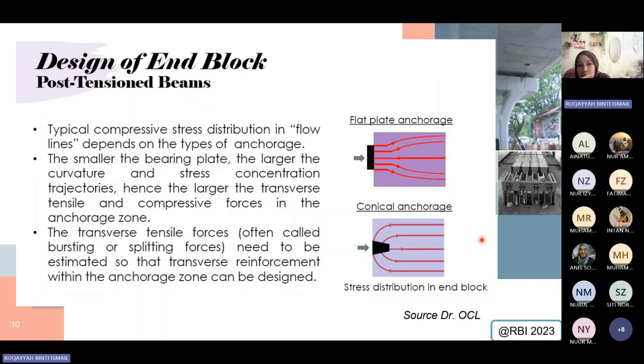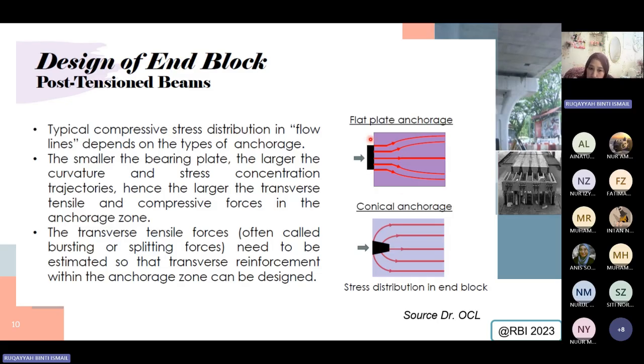So when we design the end block, what needs to be considered, especially when you have post-tension? Post-tension will have an anchorage system, and anchorage systems come in different types. You could have a flat plate, meaning you have a plate here, or you could have what we call a conical anchorage, which penetrates into the end part of your beam.